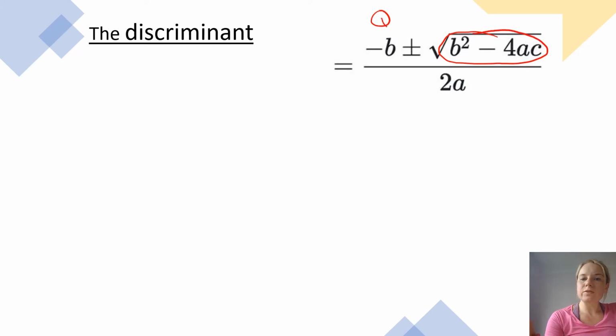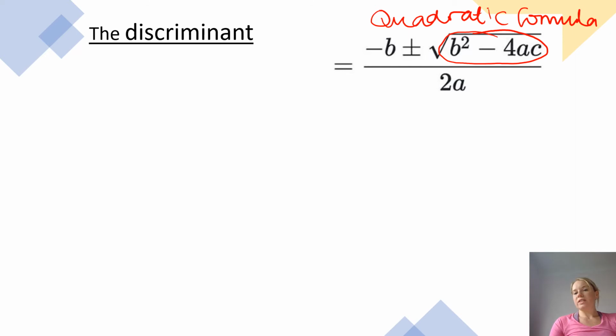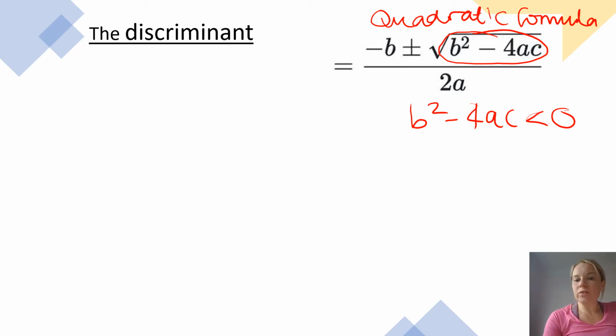So the discriminant is this part underneath the quadratic formula. So this is the quadratic formula, which you recognise hopefully. Now this brings you back to that bit a minute ago, because if b squared minus 4ac is less than 0, so if it's a negative number basically, then there are no values.